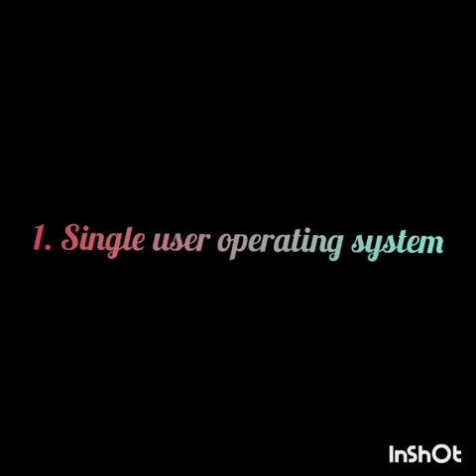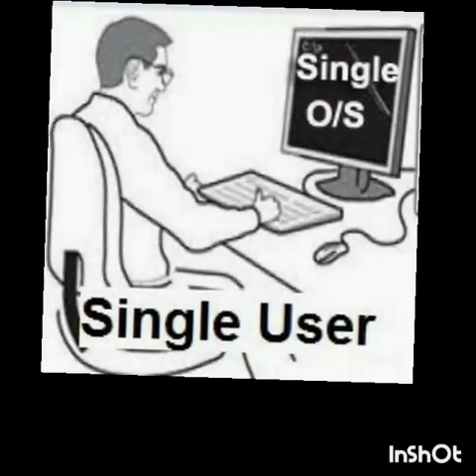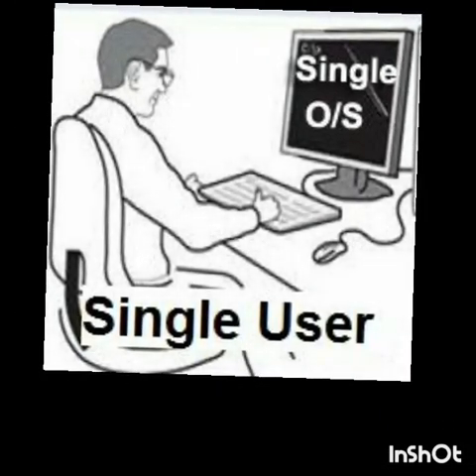A single user operating system allows only one person to work on it at a time. It allows only a single user to perform a task at a time. It is called a single user or single task operating system.